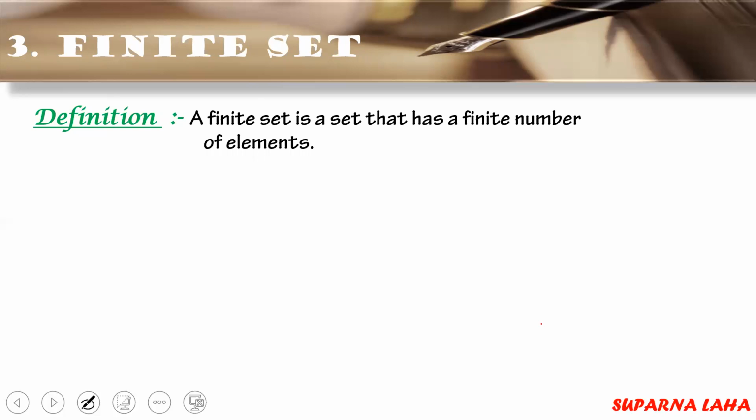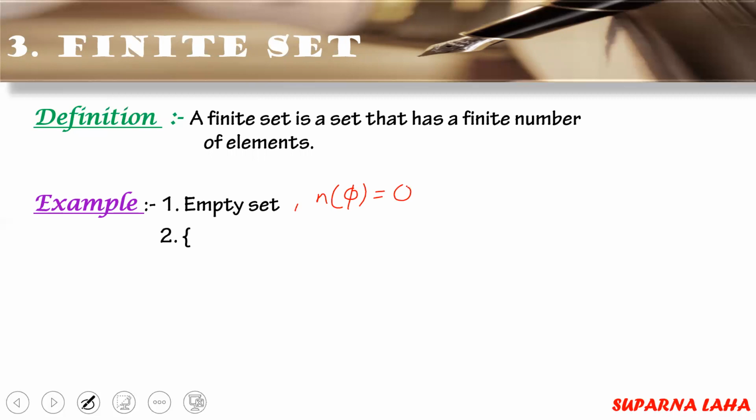If the elements are finite, we call it a finite set. Let's talk about some examples. Empty set. Can we count its elements? Yes, definitely we can, since the number of elements in the empty set is 0. We can count it as 0. So this is a finite set.